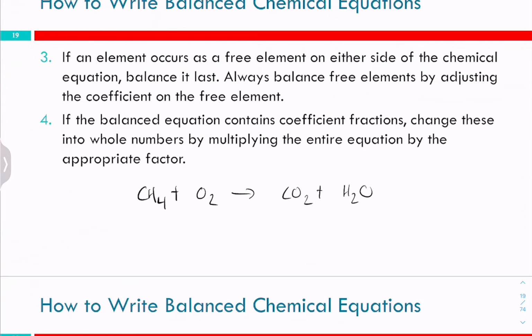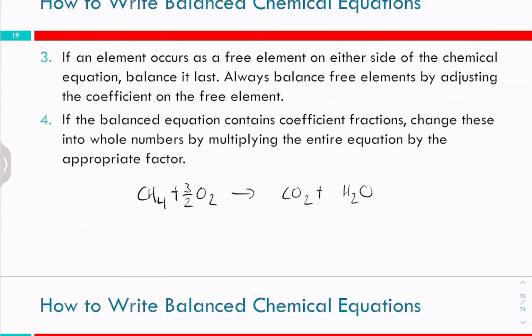So actually in this case, we have O2, which has 2 oxygens, and 1 oxygen there, so there's 3 total oxygens on the product side. Just talking about oxygen here, if I wanted to balance this, I could write 3 over 2. So 3 over 2 times 2 oxygens in O2 would give us 3 total oxygen atoms.